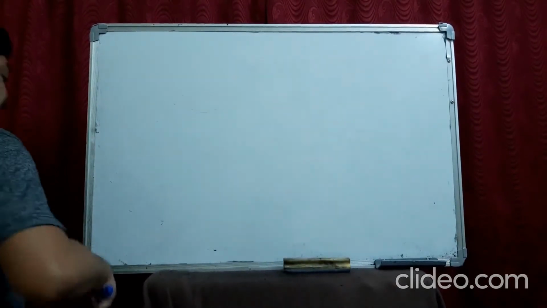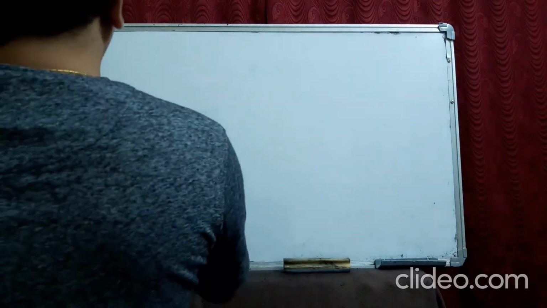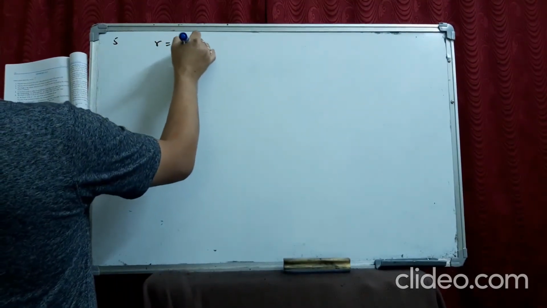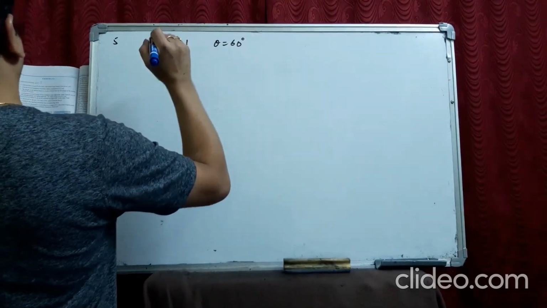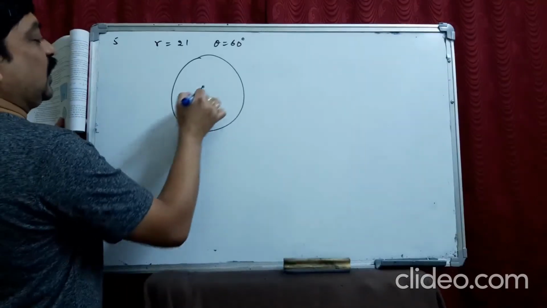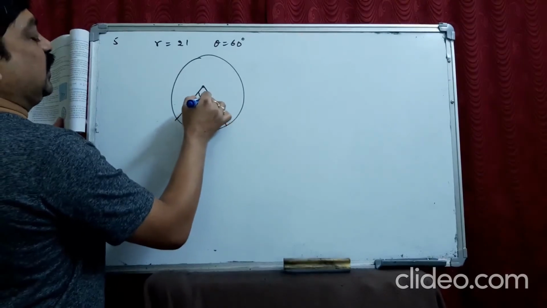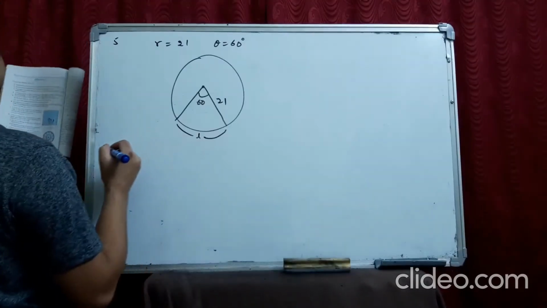See the fifth question. What did they say? In a circle of radius 21 centimeter, R is 21, an arc subtends an angle theta of 60 degrees at the center. Find the length of the arc. Let us see. This is 60 and this is 21. This is L, length of the arc.